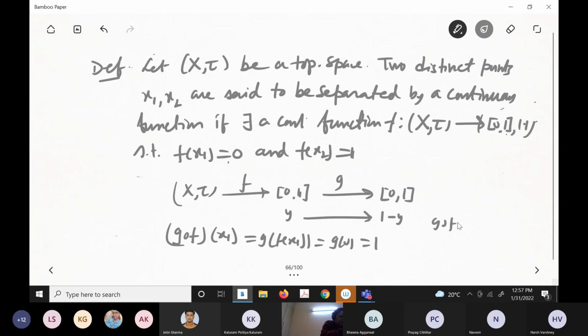Similarly, g(f(x2)) will be 0. So there is no preference as to which one takes 0 and which one takes 1. Also, in separation by a function, I could take any closed interval because they are homeomorphic. If you have one continuous function, you can compose it with a homeomorphism and go the other way. So there is no preference here. Any closed bounded interval will work.